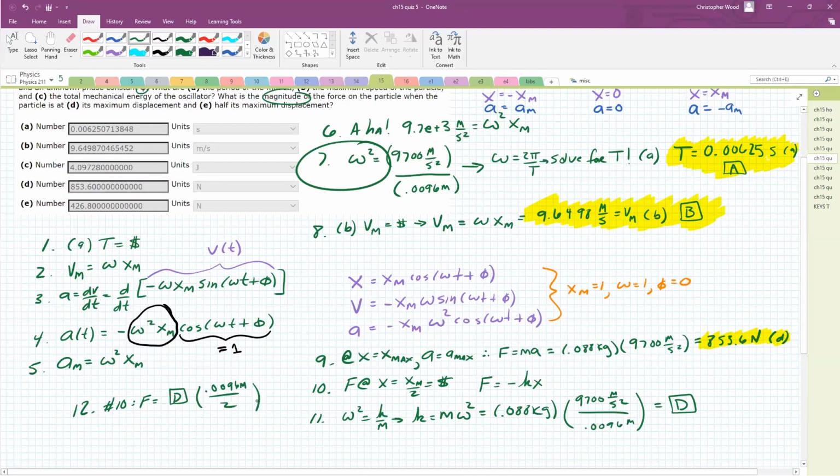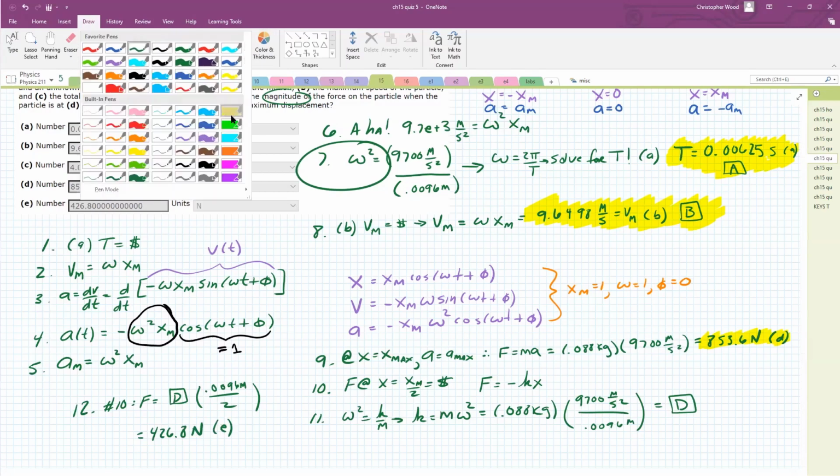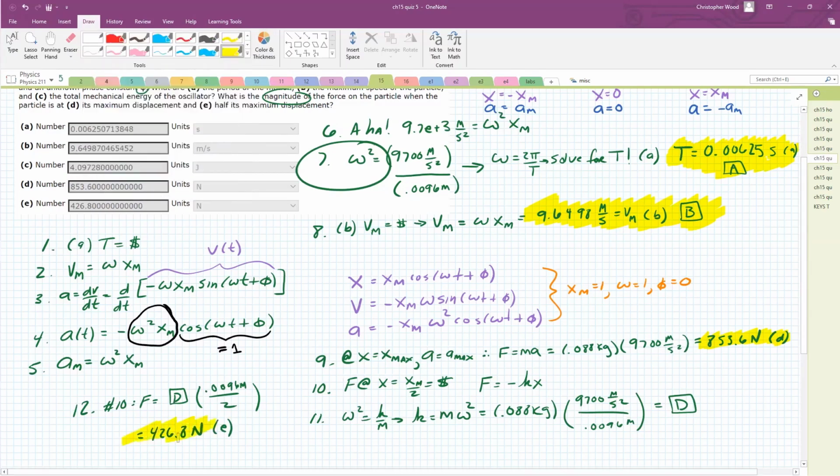So let's do alpha D times 0.0096 divided by 2, or 426.8 newtons. That's the answer to part E. All right, so we're done with this problem. This one, I don't know, faster than I thought. A, B, C, D, E.